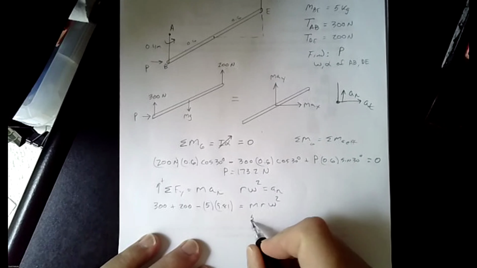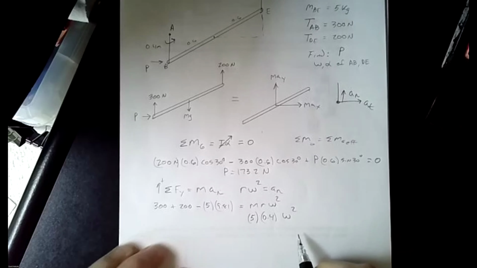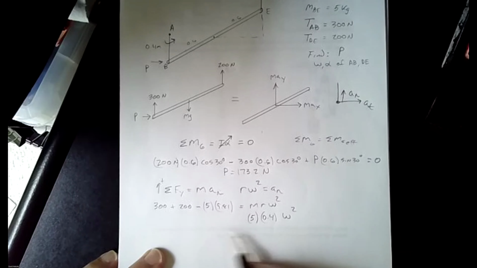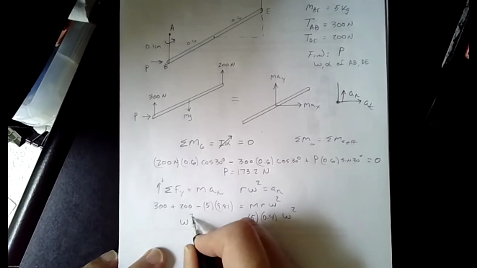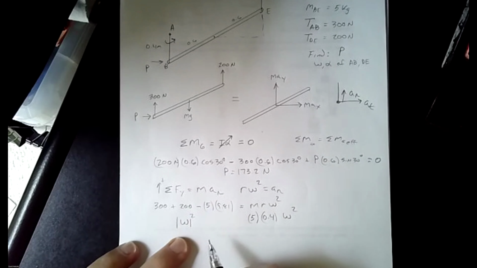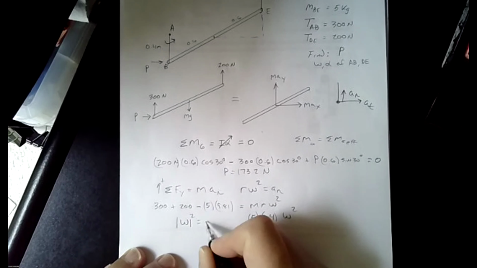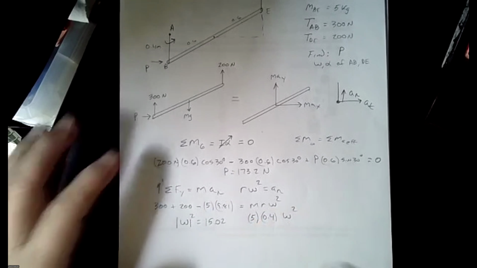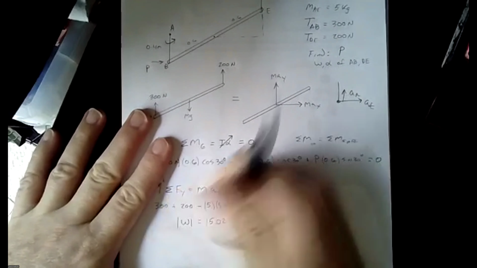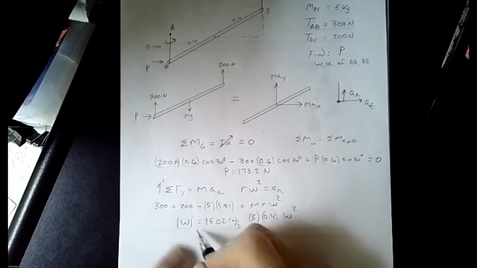Well, we know that m is 5, and we know that r is 0.4, and that's omega squared. So if we solve, we get omega, and we don't know which direction it's going, so I'm going to put an absolute value there. Omega is going to be 15.02 radians per second, absolute value.